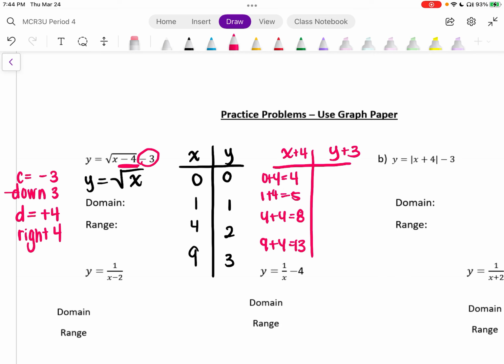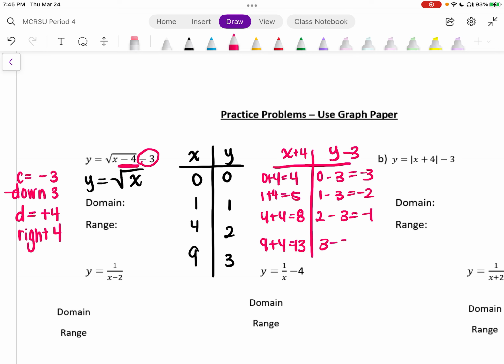And then I'm just going to do the same thing for the y. 0 - 3 is -3. Sorry, my bad, it's -3 because it's going down. 1 - 3 is -2. 2 - 3 is -1.